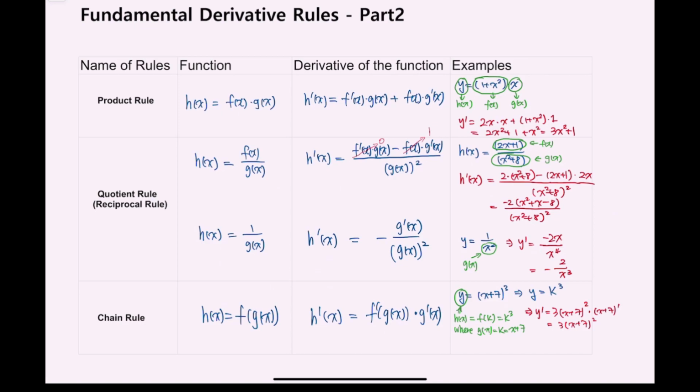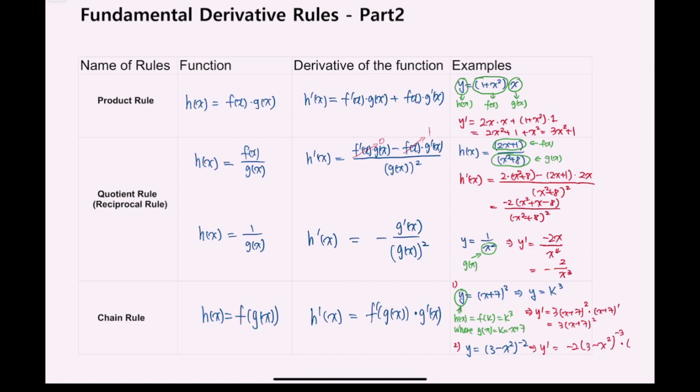For example, when y is given as (3 minus x squared) to the negative 2nd power, then the y' is negative 2 times (3 minus x squared) to the power negative 2 minus 1, that is negative 3, times, we need to find the derivative of the g(x).